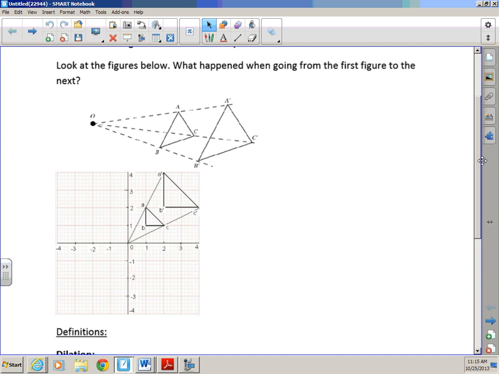If you take a look at the before and after pictures that I have up on the board, and if you look at ABC and then A prime, B prime, C prime, hopefully you'll notice that when I go from ABC to A prime, B prime, C prime, in both of these pictures, something has changed that we haven't seen before. And what's changed is the size of our figure.